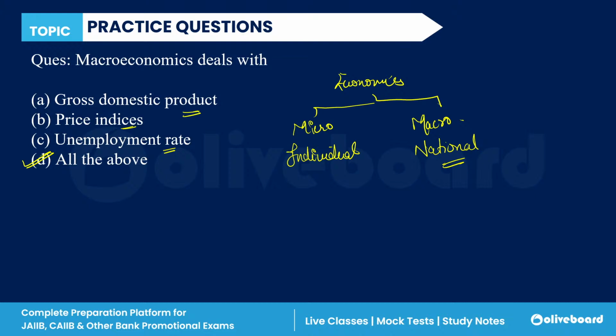Why all of the above? Because GDP, price indices and unemployment rate are all concerned with the nation as a whole. Good.